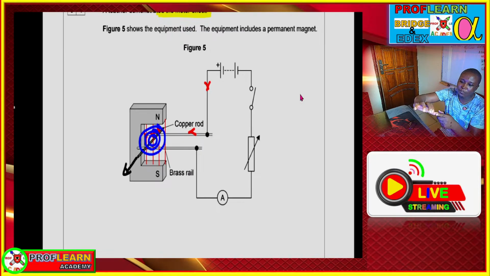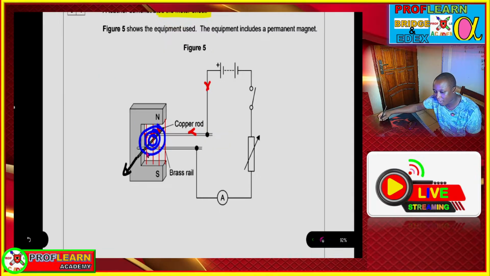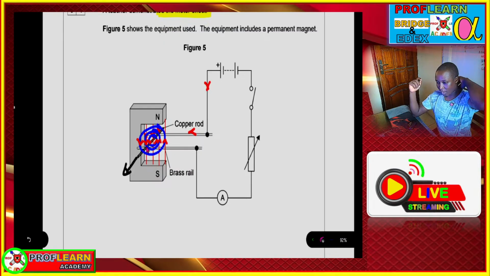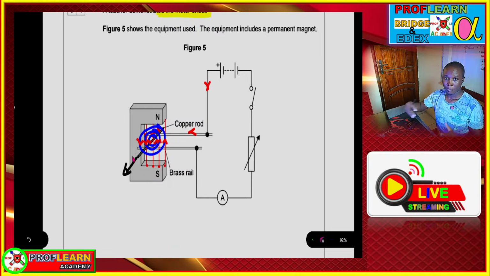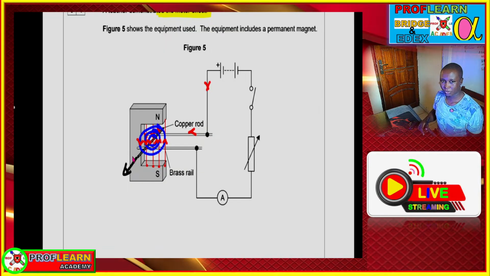These fingers tell you the direction of the fields. So the fields around the conductor will point that way. When current flows through this copper rod, magnetic fields are created around it, and we also have magnetic fields from the permanent magnet. When these two magnetic fields interact, the copper rod is going to experience a force.